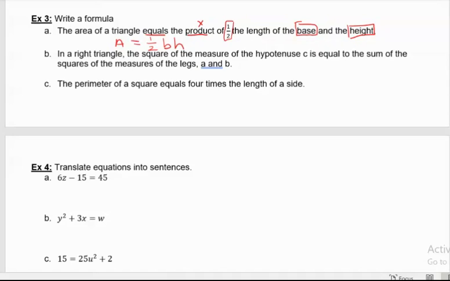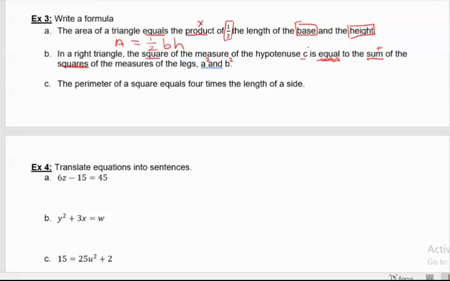In a right triangle, the square of the measure of the hypotenuse c is equal to the sum of the squares of the measures of the legs a and b. Okay, so "sum" tells me addition. I'm taking the squares of a and b, so I have a squared and b squared.